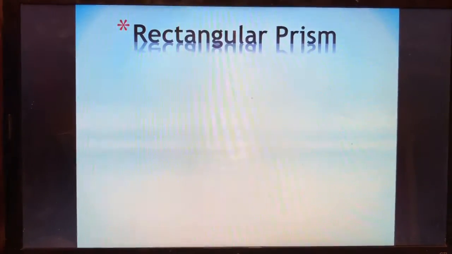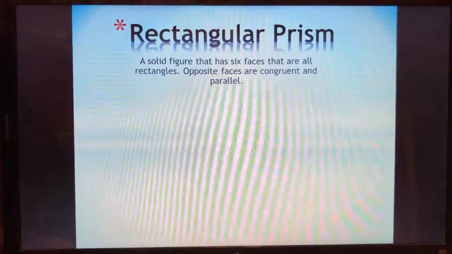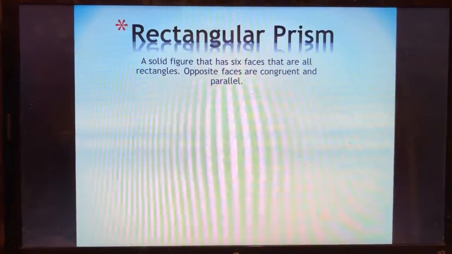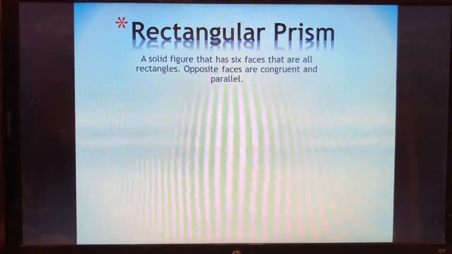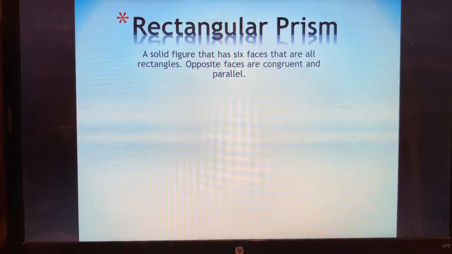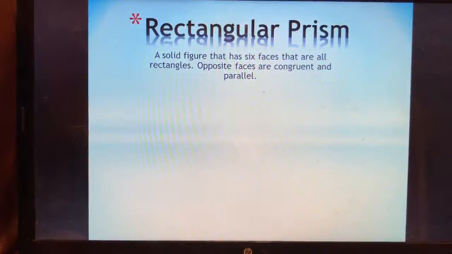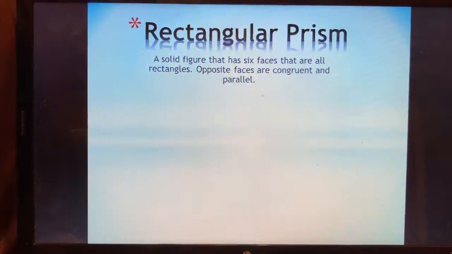So rectangular prism is one of the shapes we will be discussing today, and it is a solid figure that has 6 faces that are all rectangles. Opposite faces are congruent and parallel. So let's talk about some real-world examples of a rectangular prism.